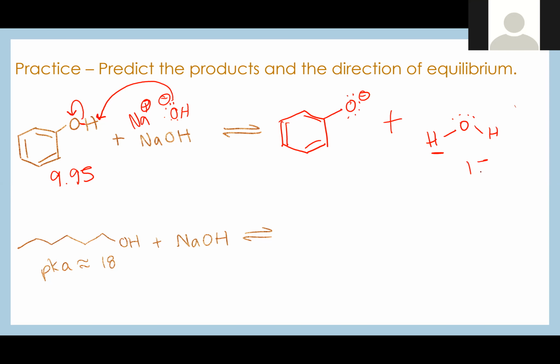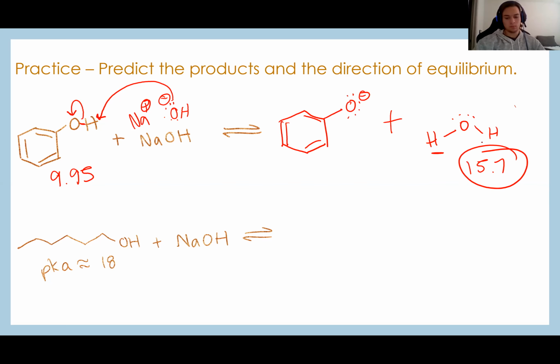Right. Okay, so which acid is weaker, phenol or water? Water. So which side of the reaction do we favor? Products. Right. Remember, we favor the weaker acid, the larger number. So this reaction is going forward.